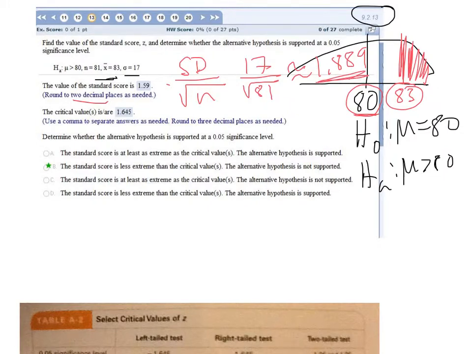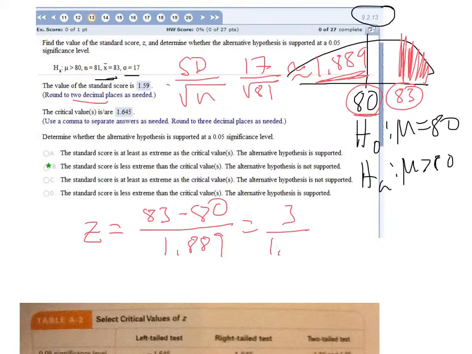So now to get the z-score, the standard score, I'm going to take the sample mean of 83 and subtract the H0 number, or the middle of that distribution, the population average, what they think it is. Then divide it by that standard deviation of 1.889. So that's 3 divided by 1.889.